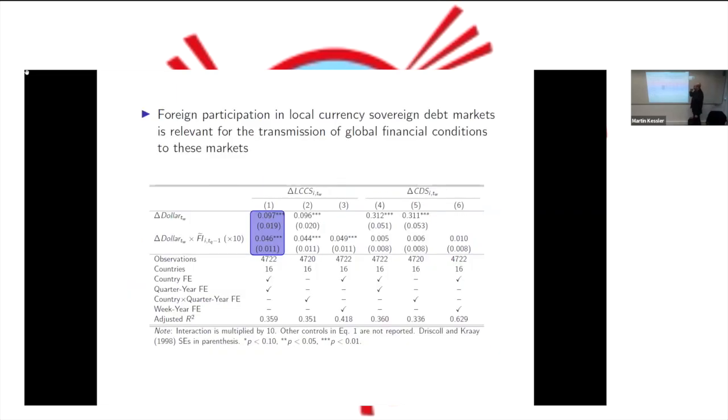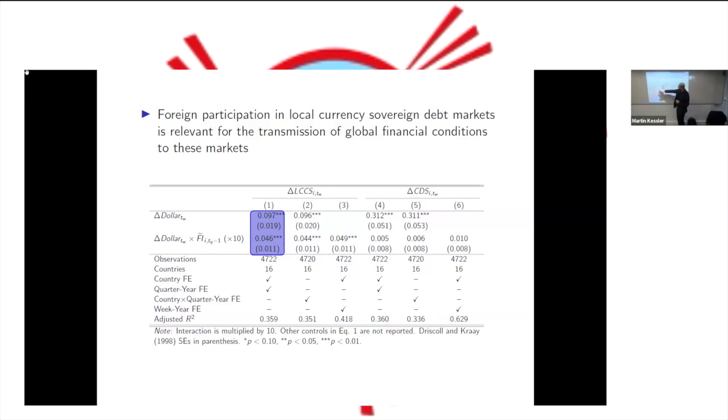Great. So let me focus on the first column, which is the most parsimonious model. With the delta 1 that I was mentioning, which is the relationship between global financial conditions and the sensitivity of the local currency credit risk, an appreciation of the dollar of 1 standard deviation will increase the spread by 0.10 standard deviation.